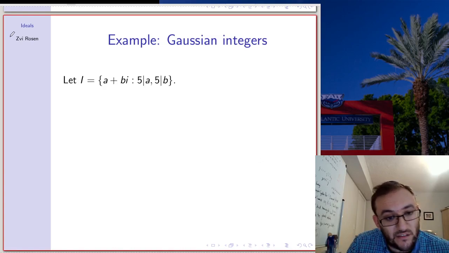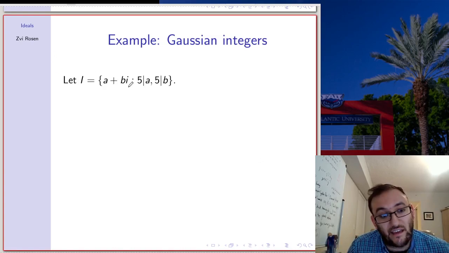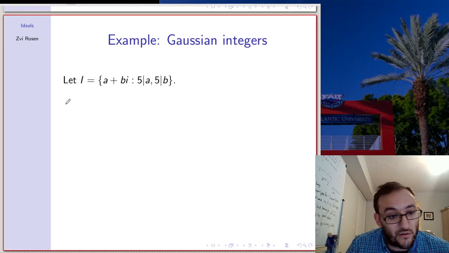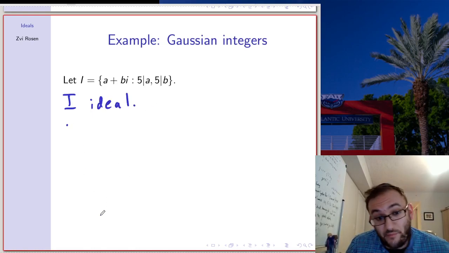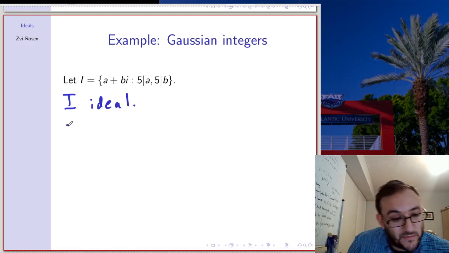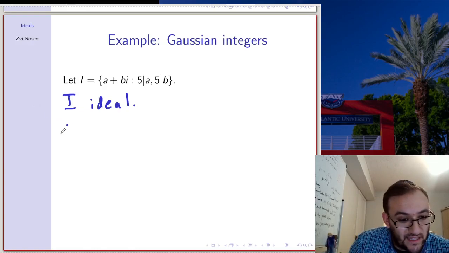Now let's look at a different ideal in the Gaussian integers. To show I is an ideal, I'll leave to you. It's not so hard. To show that it's maximal would be impossible because it's not actually maximal. So let's prove that that's the case.